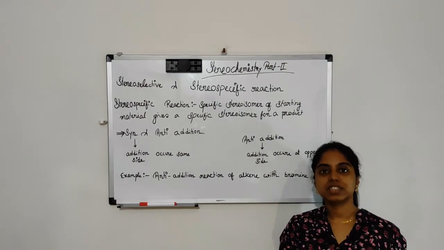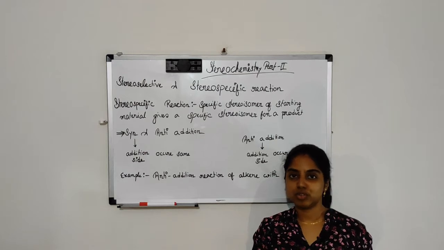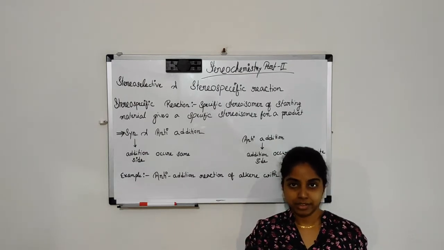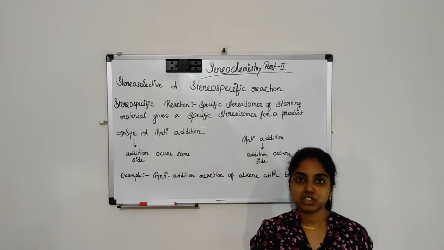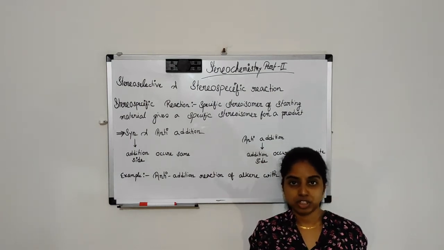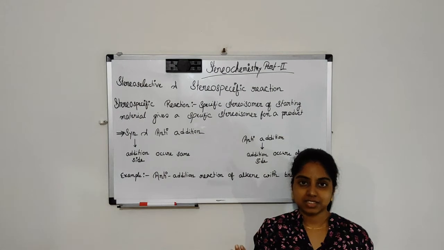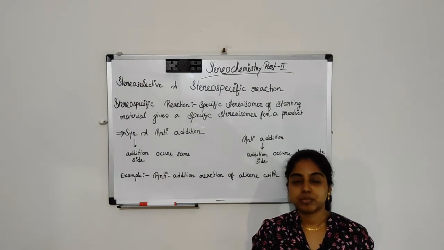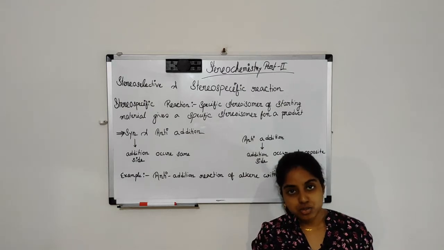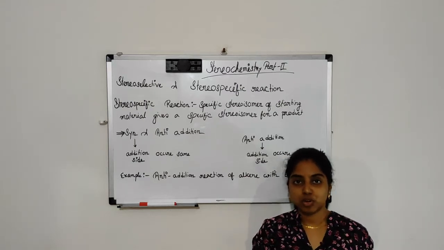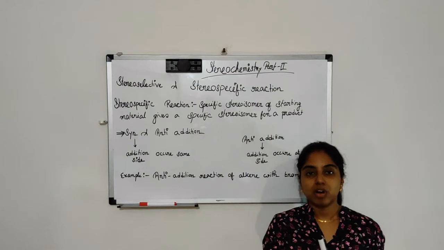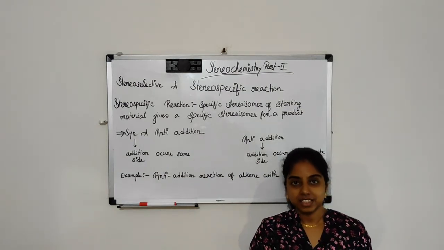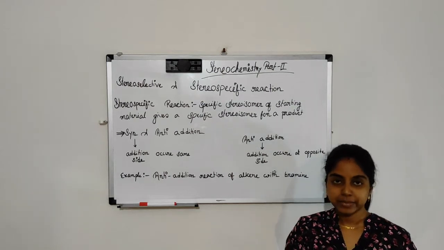In a stereoselective reaction, there is more than one product and we have to select the major product from them. But here one specific stereoisomer product is formed from a specific stereoisomeric reactant. So this is a stereospecific reaction, right?